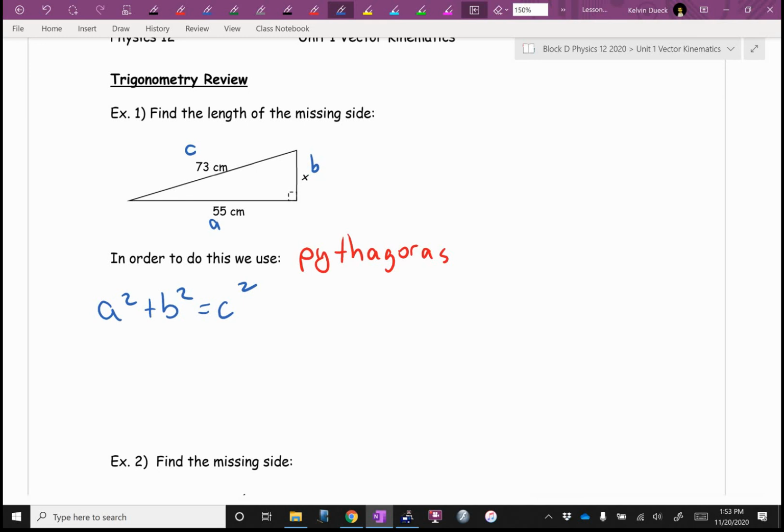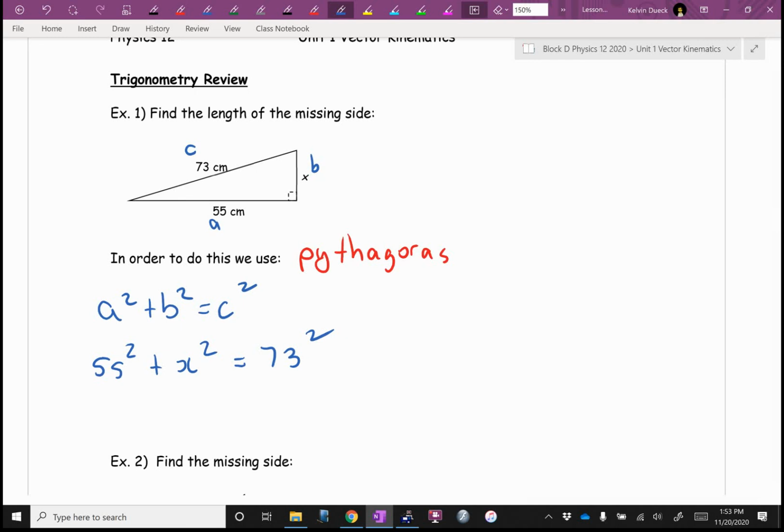As an equation, now I'll be honest, I wouldn't write this out in my homework. You can. We're doing this in our notes to jog our memory. I would probably go straight to 55 squared plus x squared equals 73 squared. Nick, what am I trying to get by itself?